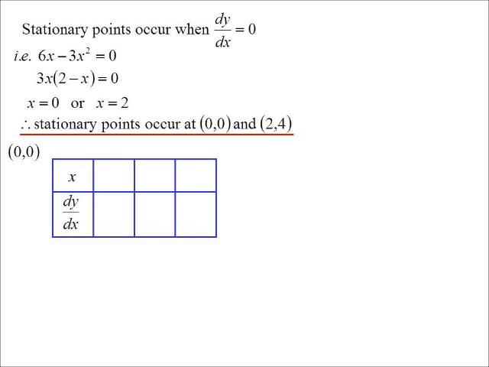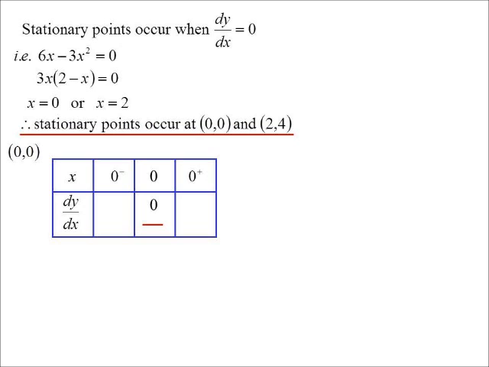Okay, let's have a look at 0, 0. Now, if I investigate around the stationary point, I'll be able to tell what the curve's doing. So in my table of values, the middle one will be the stationary point that I found. So I know it's stationary. I'll just draw a horizontal line because it would be a horizontal tangent at that point. I need to pick a point on the left-hand side of 0 and the right-hand side of 0 so I can see what the curve's doing before and after the stationary point.